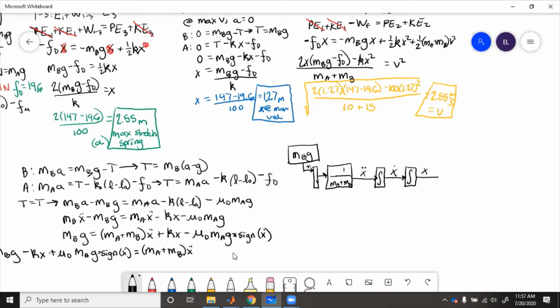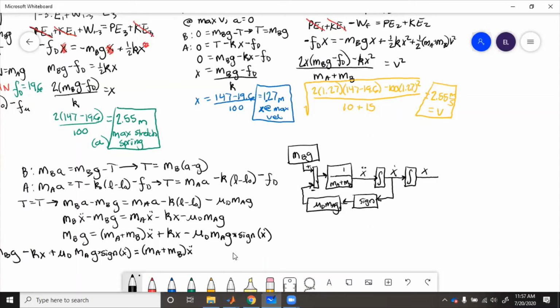And then this velocity, we need to get the sign. We need to multiply that by the friction force, mu MA G, and subtract it.